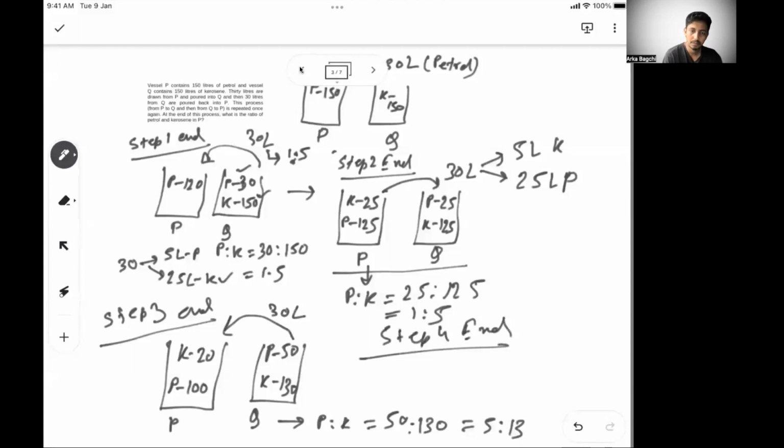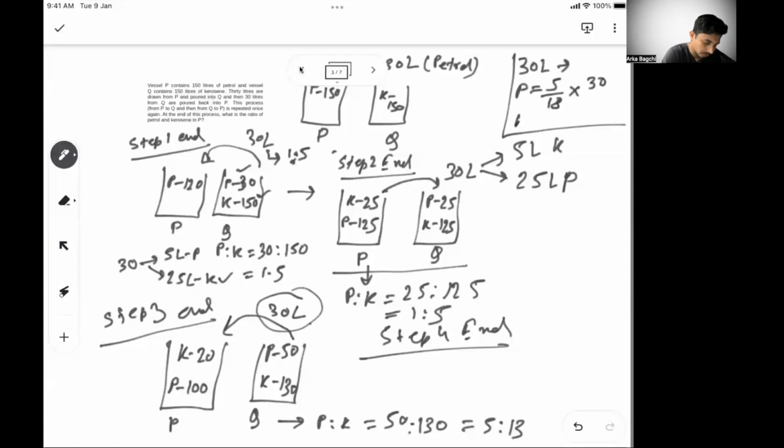So in this 30 liter, your petrol will be 5/18 into 30, and kerosene will be 13/18.